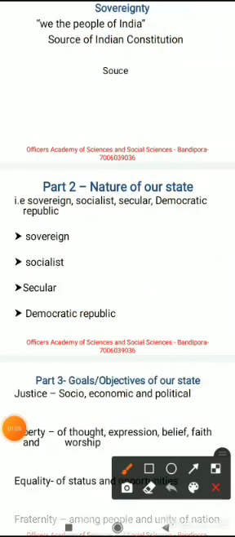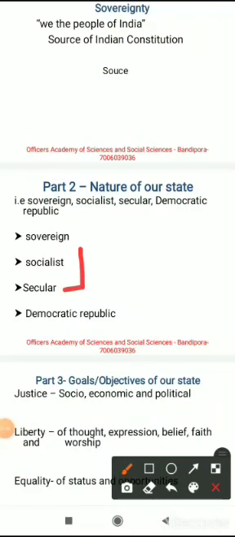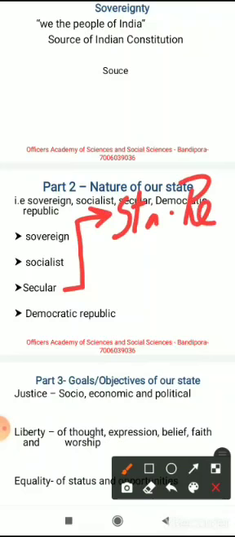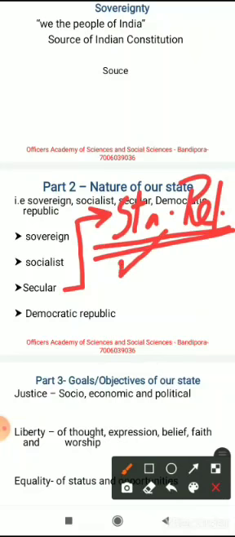Number third part is secular. What does secular mean? Secular means that our country doesn't uphold any religion as state religion. We don't have any state religion. Our country does not support any particular religion.